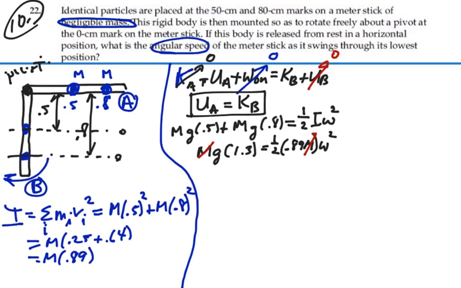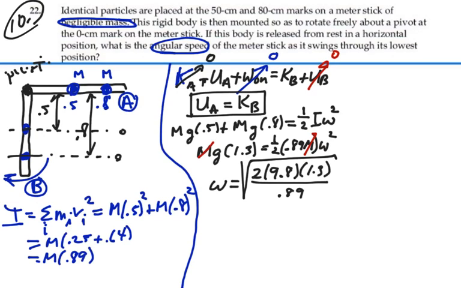And let's solve this for omega squared. So multiply both sides by 2 and divide by 0.89. So omega is going to be 2 times g, 9.8, times 1.3, divided by 0.89, and all this square root.